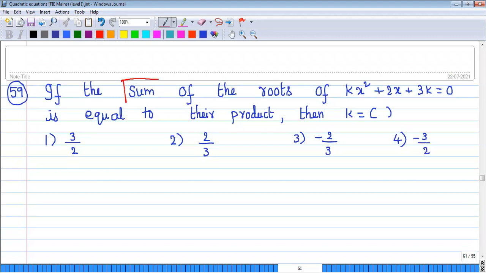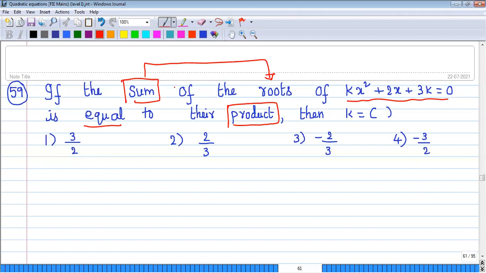See, the sum of the roots of kx square plus 2x plus 3k equals 0 is equal to their product. Then we need to find the k value. For example, if alpha comma beta are the roots, given alpha plus beta equals alpha beta. Alpha plus beta is equal to minus coefficient of x by coefficient of x square, that will be minus 2 upon k, or minus b by a.